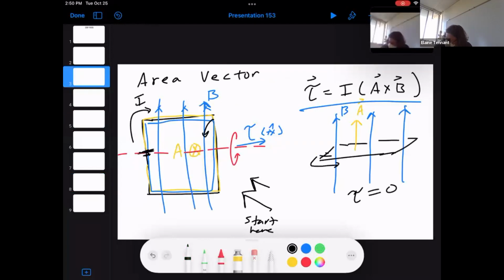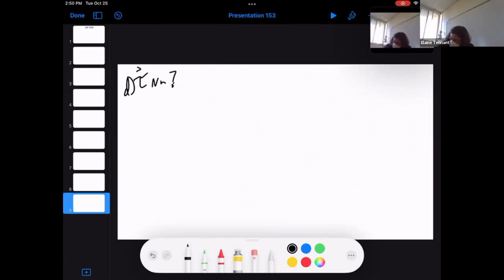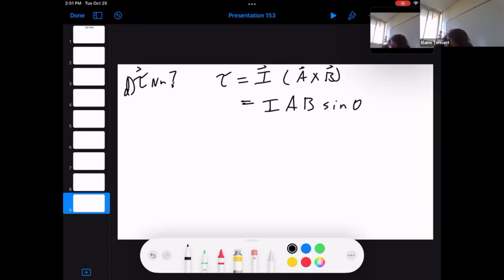To calculate that, we're going to go back and say, look, I have a nice torque. I expect the torque to be I A cross B. This will be I A B times the sine of theta, in the direction you've already told me.